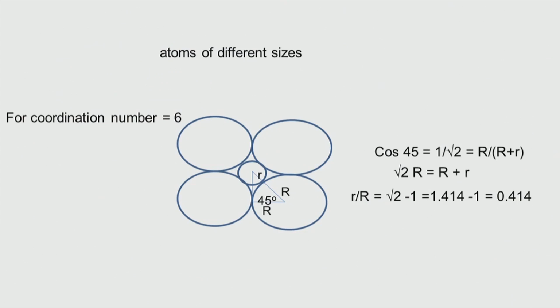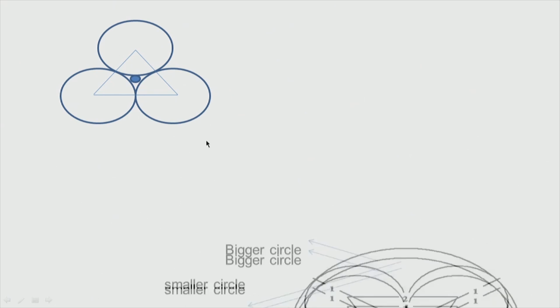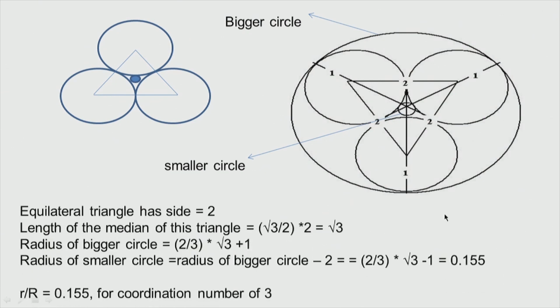Similarly, if we want to look at 3, where the small circle is touching 3 of them, again it goes through your geometry. So how do we do that? First we draw a big circle which will cover all these 3 small circles. Then what will be the length of this particular perpendicular? Again it comes from your geometry, because this is an equilateral triangle.